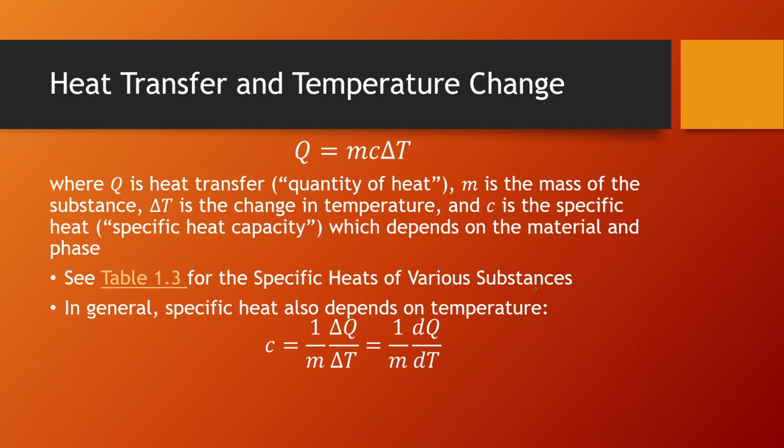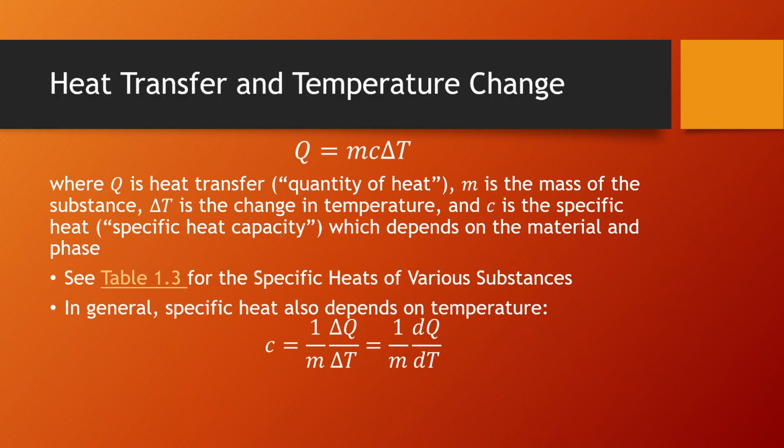So here is the heat transfer and temperature change. Heat transfer, Q, is equal to the mass of the substance times C, the specific heat capacity, times the change in temperature.